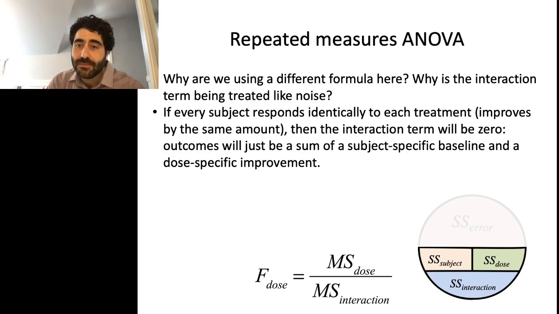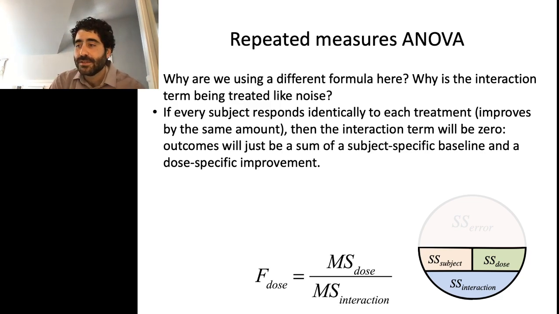In a perfect scenario where our model is perfectly descriptive of the data, when we increase someone's dosage by a certain amount, that's going to cause every single subject to have the same change in their outcome.